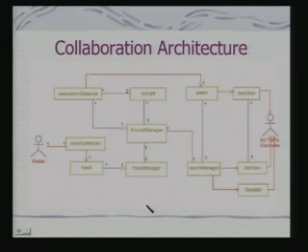Related to this is what is called a collaboration architecture. In fact, collaboration architecture tells you how exactly the different components collaborate with each other. For example, if we look at the separation distance as a parameter, this separation distance is related to the two aircrafts, because we shall be measuring the separation distance between the two aircrafts.